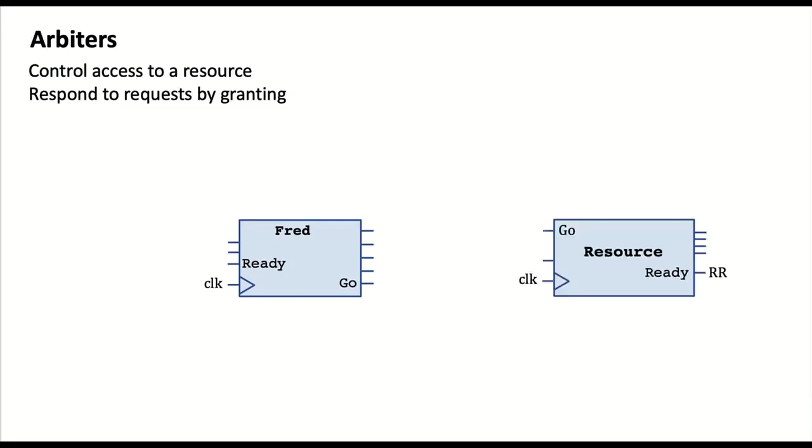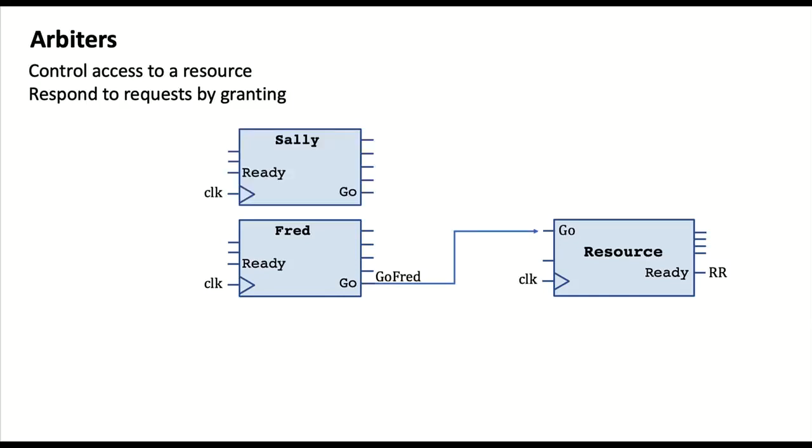You can't have several clients trying to use the multiplier or the memory or the GPU at the same time. So how do you do this? Well, you use what are called arbiters. So here's Fred again, and there's our resource. Fred would, of course, like to use the resource, but the problem is Sally wants to use it too.